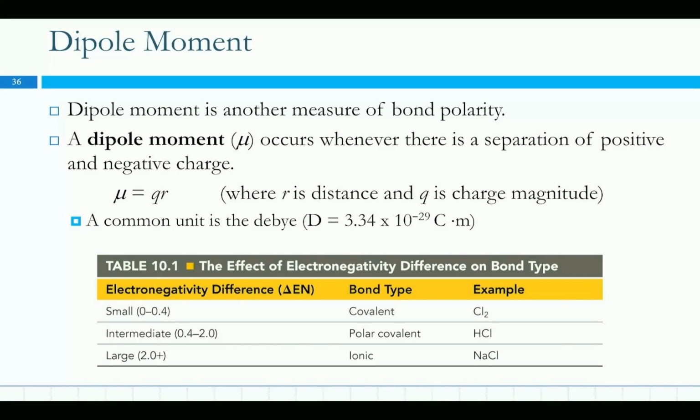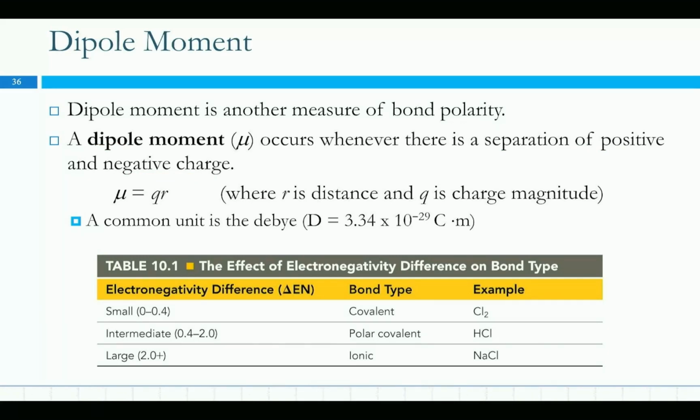So dipole moment is another way we can measure these bond polarities rather than just using this relative electronegativity. The dipole moment occurs whenever there's a separation of positive and negative charge. So dipole, literally meaning two poles, two ends of that, usually positive, negative charge.